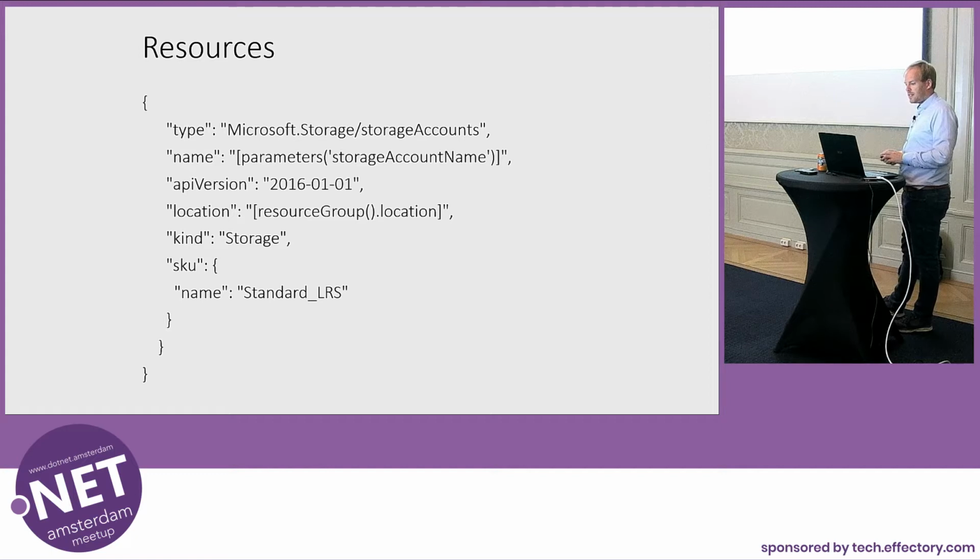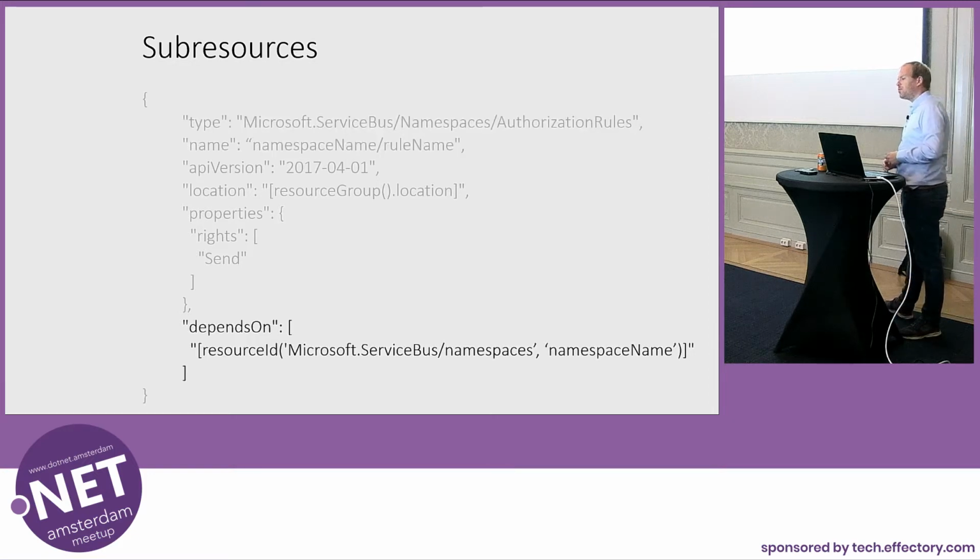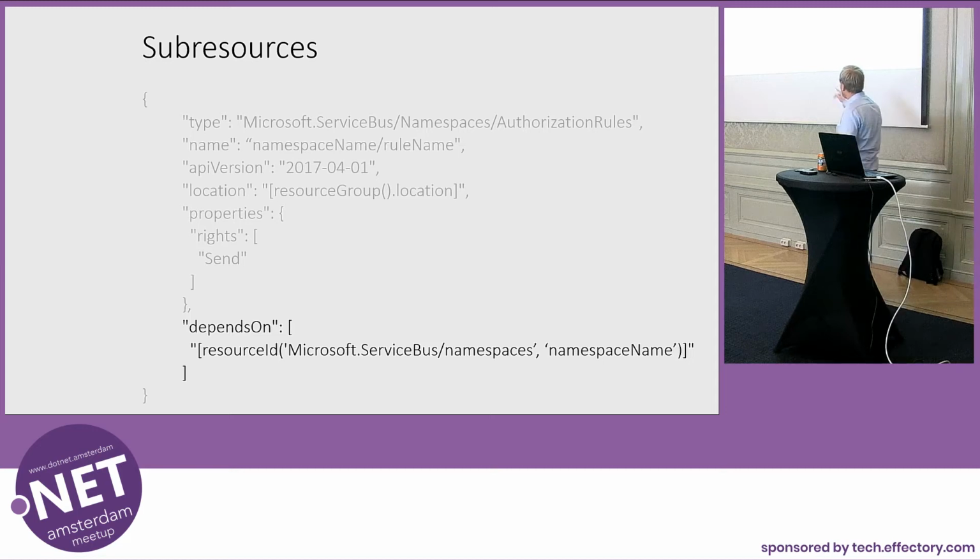Well, like I said, we also have sub-resources. So what you will see here is that the type will have a slash and a sub-resource type appended, and the name as well. So we don't have one thing, they both get one, what's called a segment, added. Another thing that we have to do for sub-resources is specify that they depend on the resource that they are going to go inside.